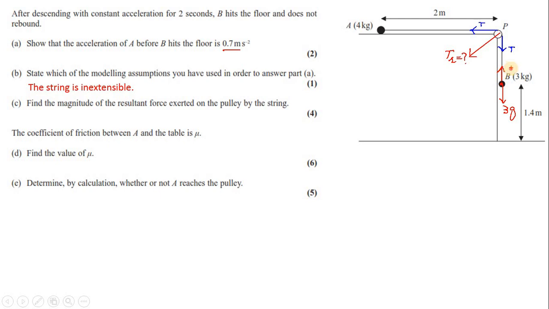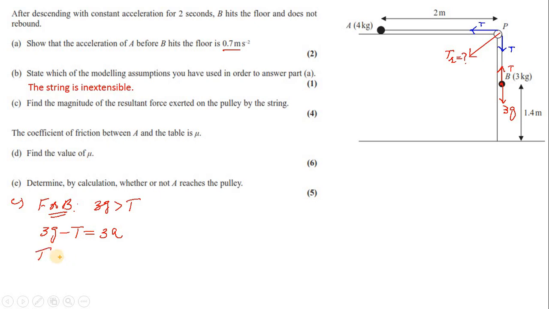So this is T for particle B, and it is accelerating down. So 3g is greater than T. That means 3g minus T should be equal to the resultant force, and the resultant force is ma.